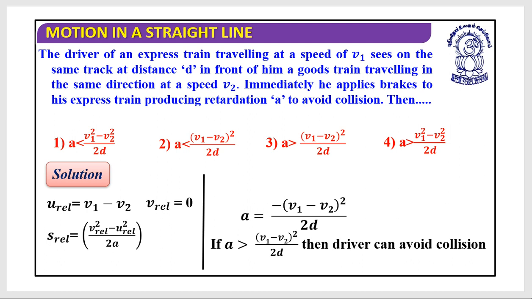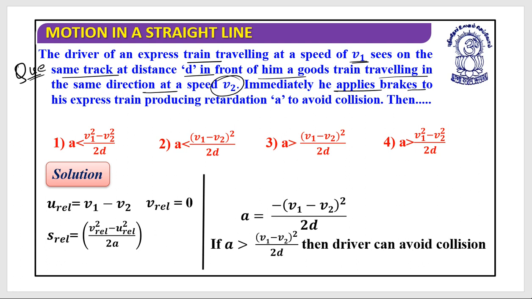This is one of the favorite questions of examiners, so please do this very carefully. Go through the data carefully. What they have given, go through it. They say the driver of an express train traveling at a speed of v1 sees on the same track, at distance d in front of him, a goods train traveling in the same direction at a speed of v2.